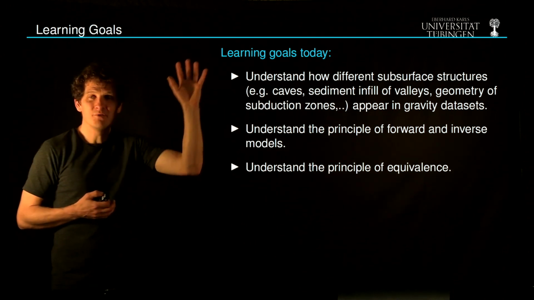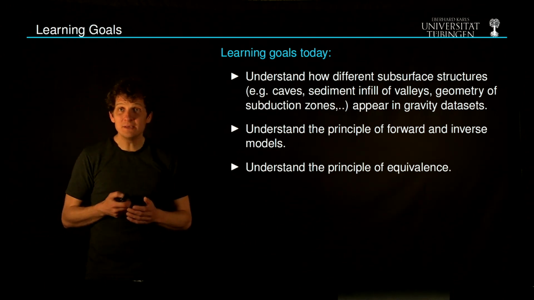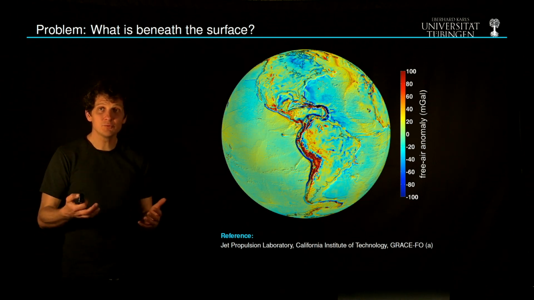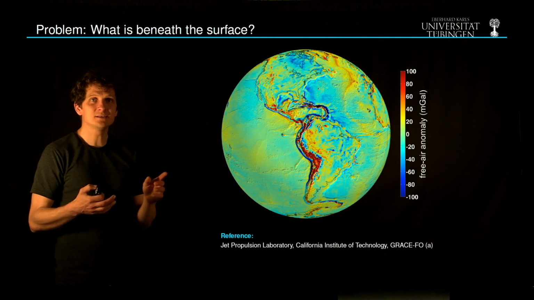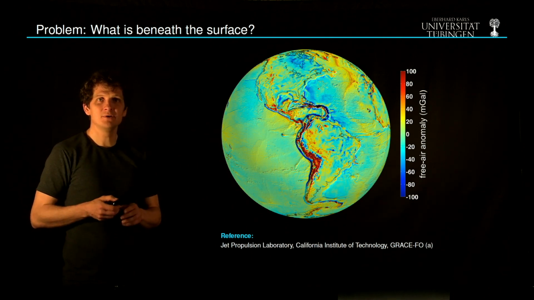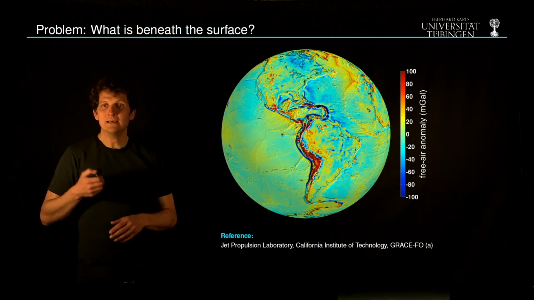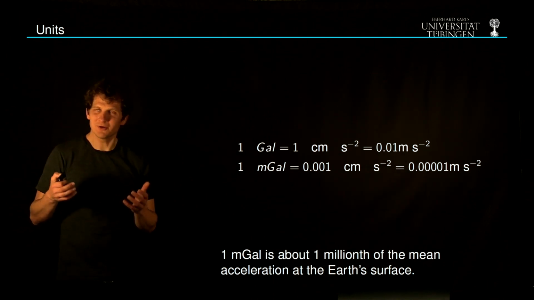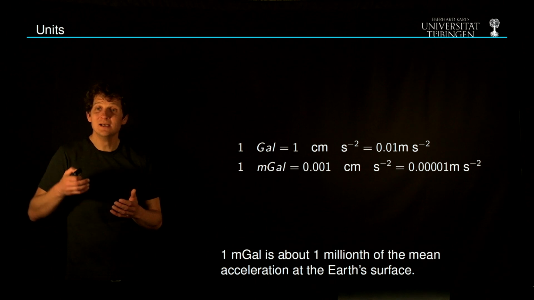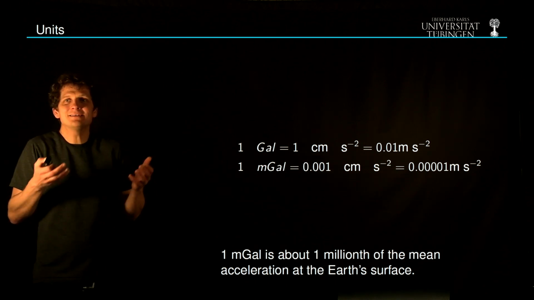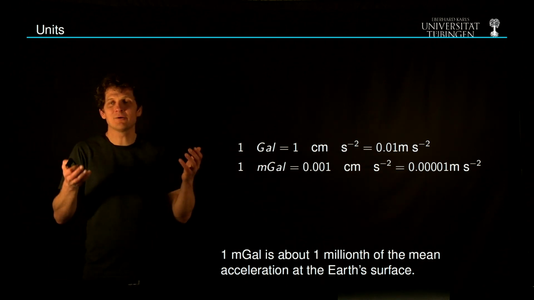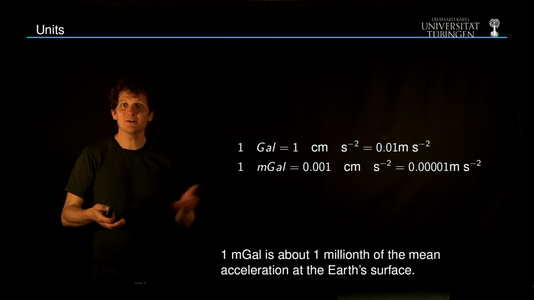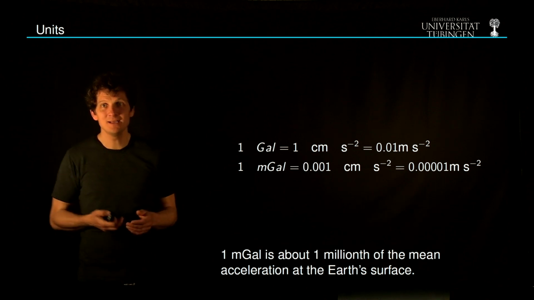Okay, before I go into those 3 points, I will clean up a little riddle that I left you with in the last video, and this pertains to these units which are called milligal. Gal refers to Galileo, who also famously contributed to the theory of gravitation, but in essence it is simply a scaled version of acceleration. 1 gal is 0.01 meters per second squared, and a milligal is correspondingly much smaller.